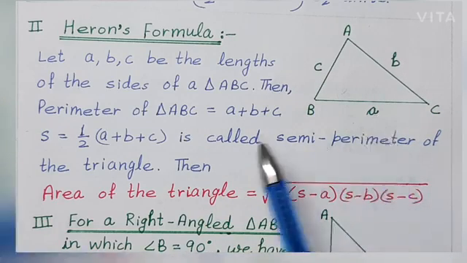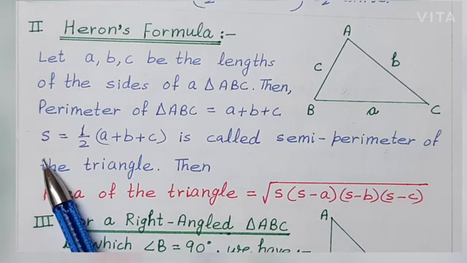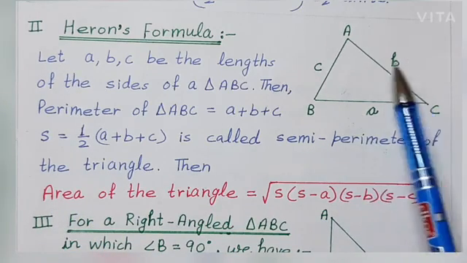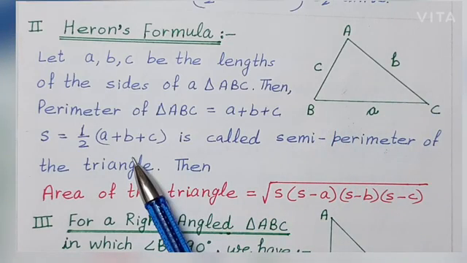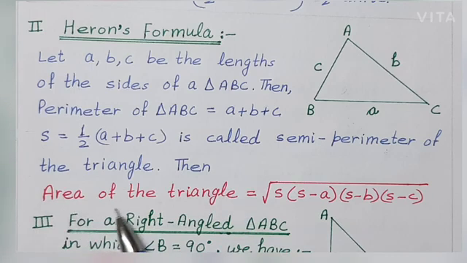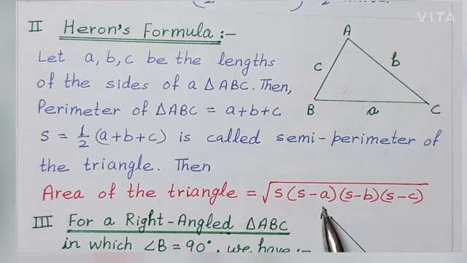Now we first find the semi-perimeter, which is s equals a plus b plus c divided by 2. The formula is area of triangle equals square root of s into s minus a, s minus b and s minus c. So this is called Heron's formula.